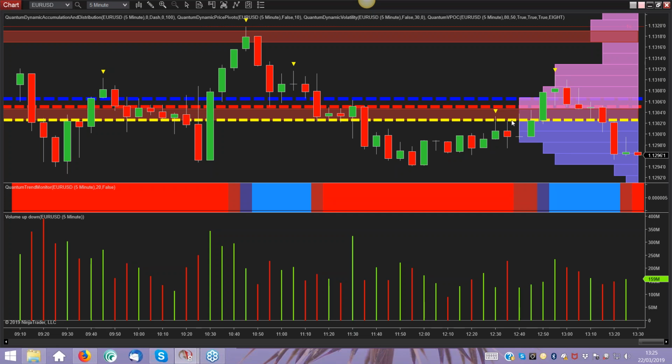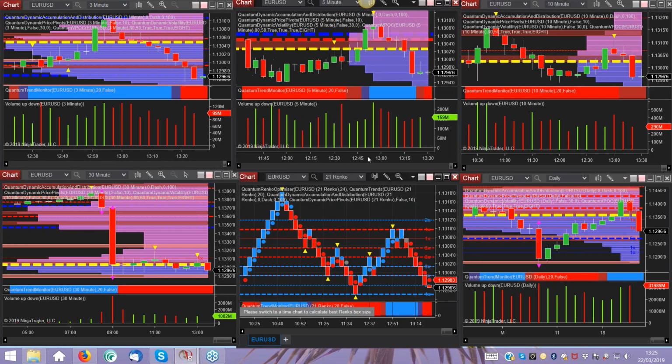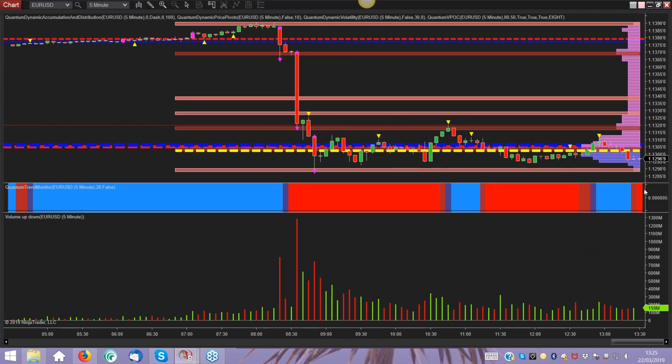In addition to that, below here we've got the volume point of control, which is just denoting where the major volume is in this region. And as we move lower, one of the key benefits of the volume point of control is really about anticipation, because if the market breaks the downside below here, certainly on this 5-minute time frame, there is very light volume below, very little in the way of what could act as price support for a market move.